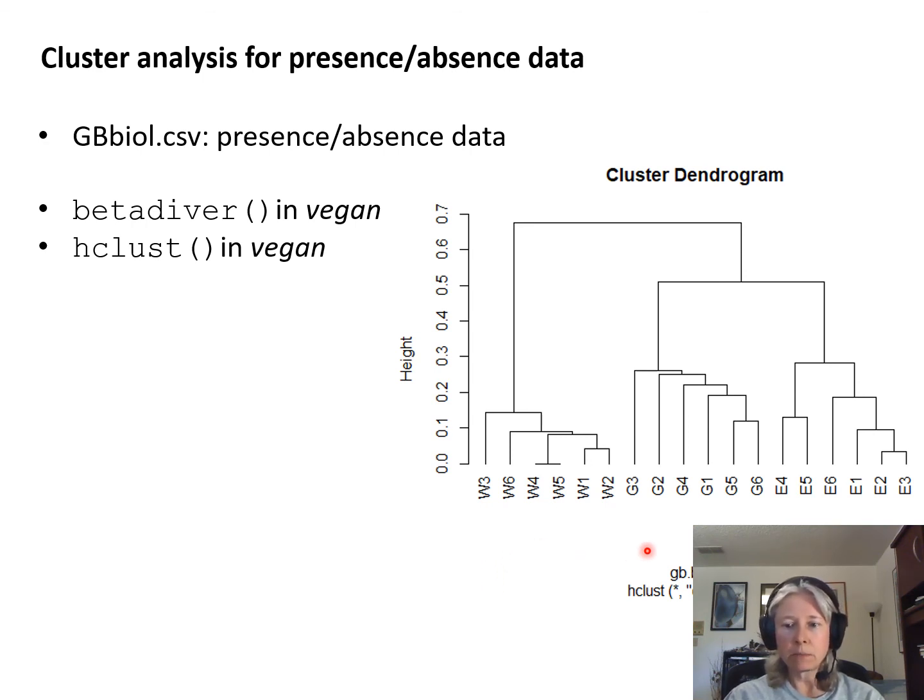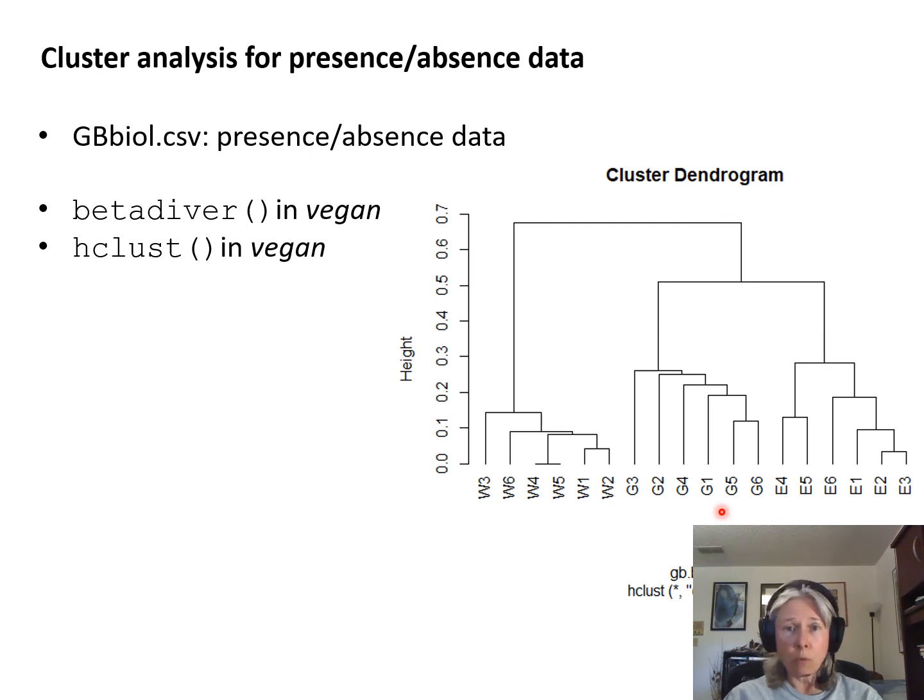Wood sites are the most distinct, whereas grass and edge are relatively more similar to each other than either is to wood, at least in terms of beta diversity. And if you look back at the notes from the lesson on diversity indices, you'll see that this result is consistent with other analyses you did that compared these habitat types.